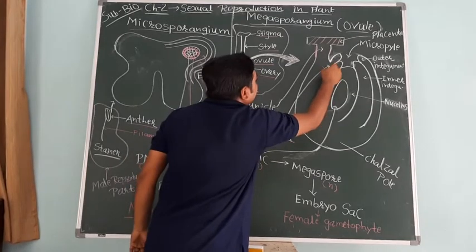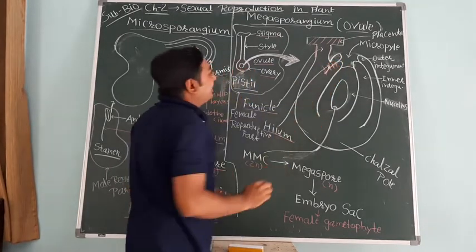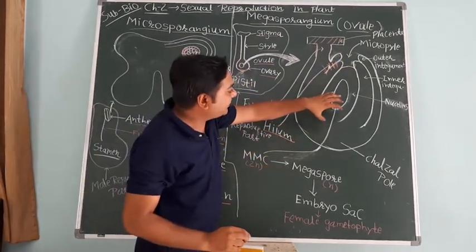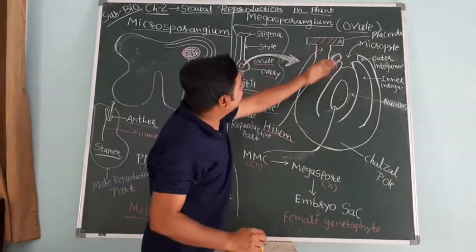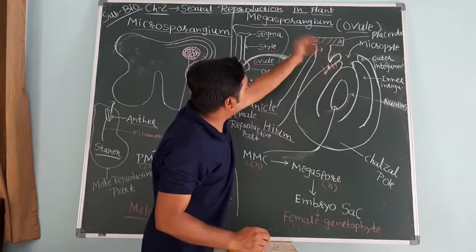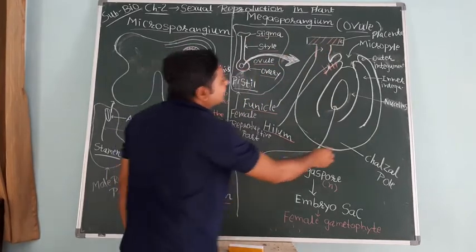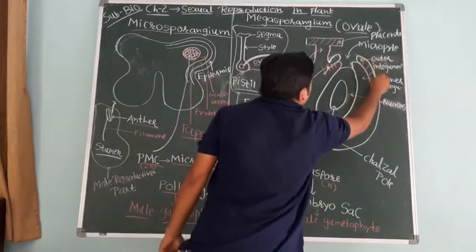This hilum attaches the megasporangium, meaning the ovule, with the funicle. It is a junction between the megasporangium and funicle.